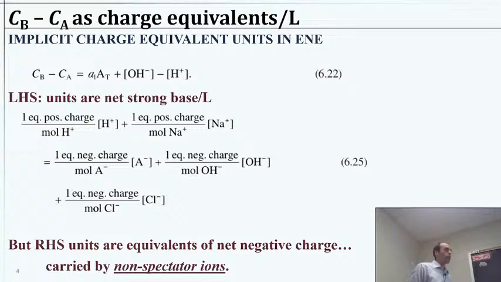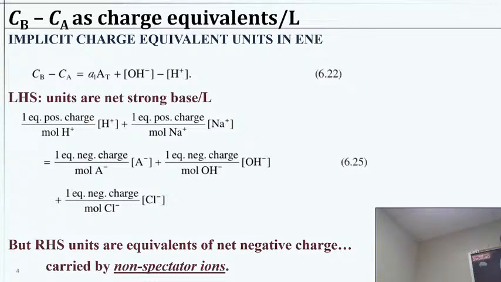Now, the remaining pieces on the right side are slightly different, especially if we go to a more complicated system. If we take the Na plus and things like that to the left side, those are spectator ions. They're not going to be doing anything.